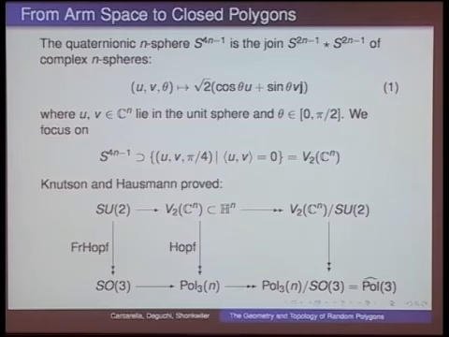So that's the Stiefel manifold of 2 frames in complex n space. And then the beautiful insight, which is due to algebraic geometers, due to Knudsen and Hausmann, is that this maps down to closed polygons under the Hopf map. So the identification is Stiefel manifold is framed polygons, project downstairs, you get unframed polygons.